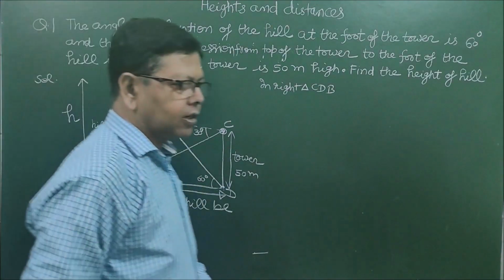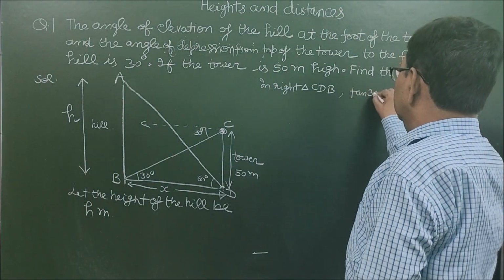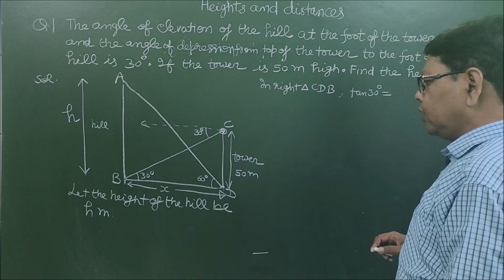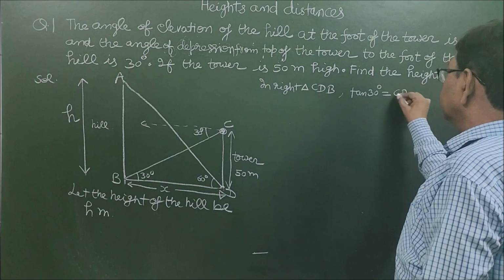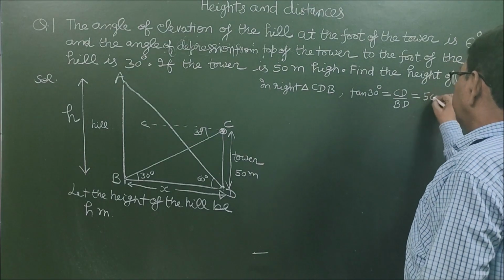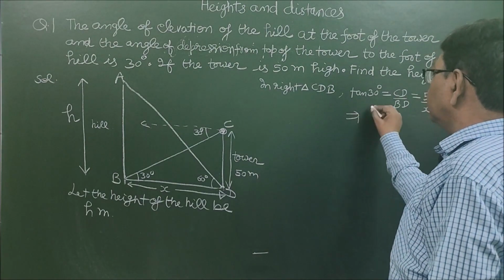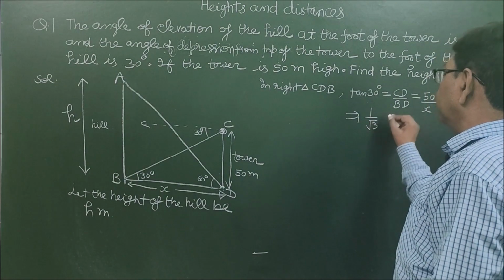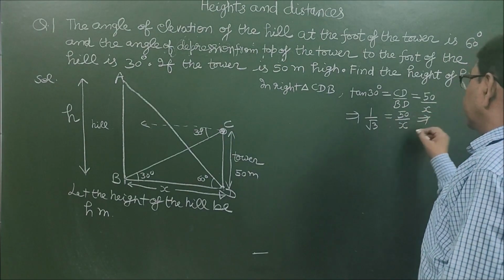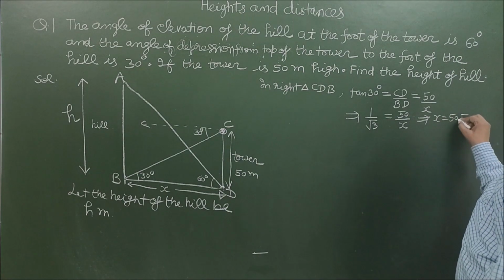So tan 30 degree will be equal to CD upon BD. CD is equal to 50, BD is x. So tan 30, as you all know, is 1 upon root 3, equal to 50 upon x. On cross multiplication we get x is equal to 50 root 3 meter.